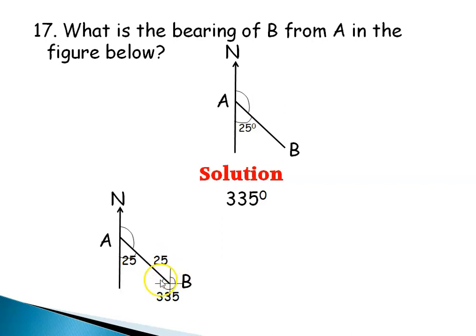So this will be 25, this will be 65. Now the bearing of B from A will be this angle from here up onto this line. So this is 90, this is 180, this is 270, and then I'll say 270 plus this 65. That will give me 335. So the bearing of B from A is 335 degrees.